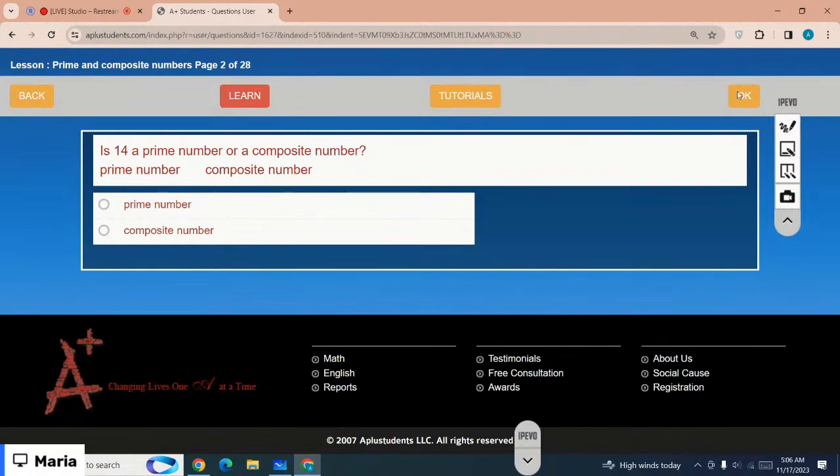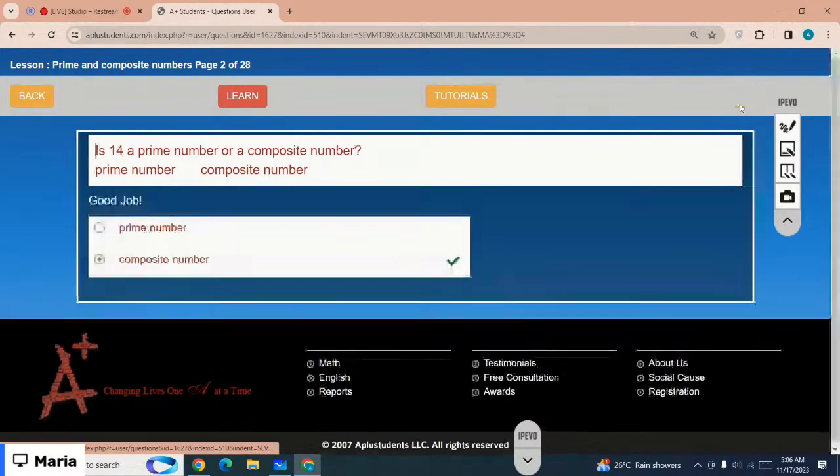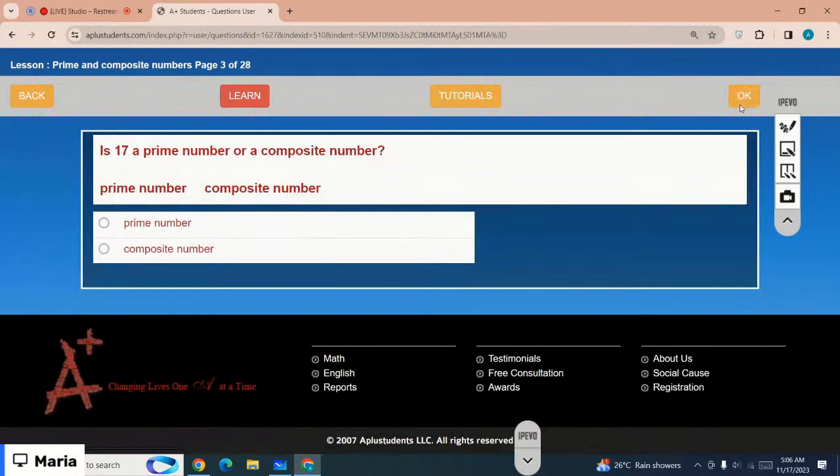So 14 isn't a prime number because 14 has more than 2 factors. So 14 is a composite number. Got it? 14 is composite, not prime.